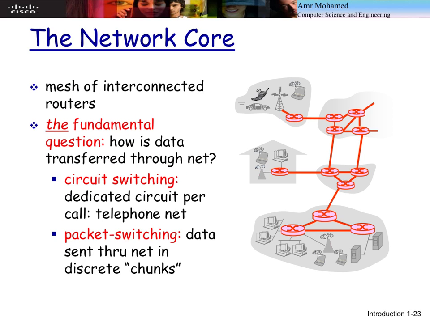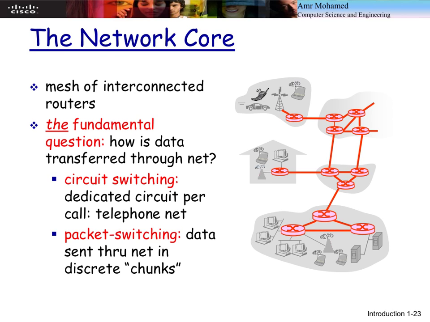So in that regard, we talk about this core network, and this core network can take one of these two forms, and you need to understand the difference between the two very well, because these are fundamentals.